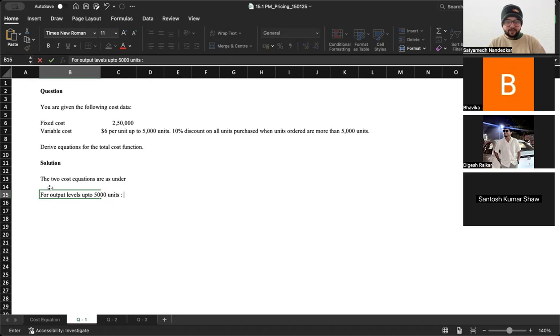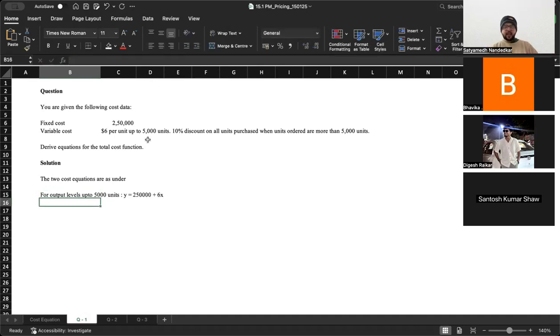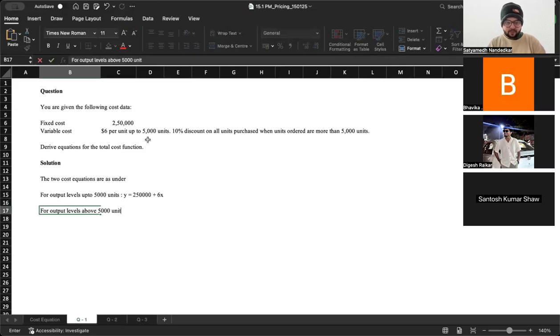5,000 units. क्या होगा? Y is equal to A. A is fixed cost, 2,50,000 plus variable cost is 6 per unit up to 5,000 units. यहाँ पे दिया है. And for output levels above 5,000 units, Y is equal to fixed cost remains the same, but there is a 10% discount on all units purchased.